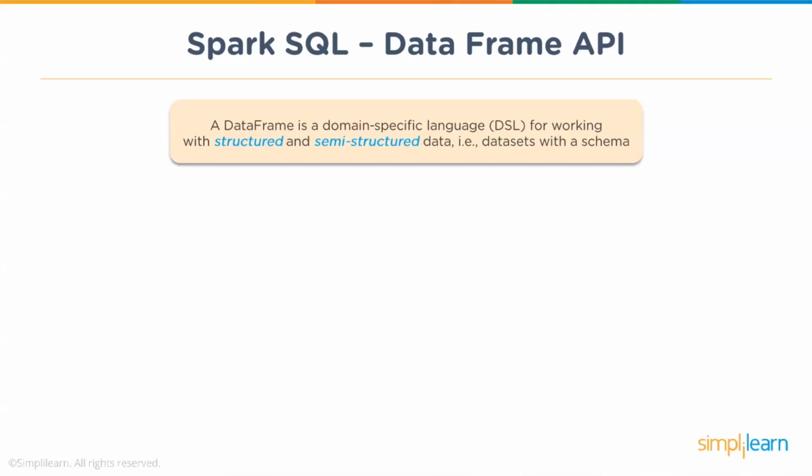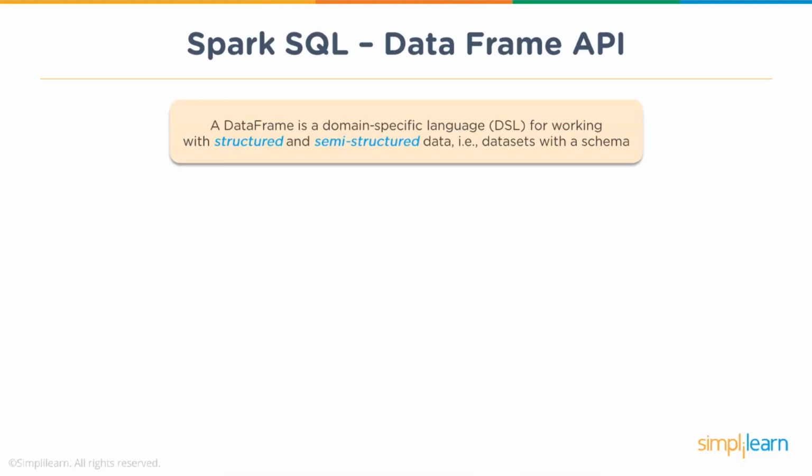So a data set can be constructed from JVM objects and then manipulated using functional transformations such as map, flatMap, filter, and so on. Your dataset API is available in Scala and Java. And Python did not support the dataset API, but I think that's being worked upon for the future releases.